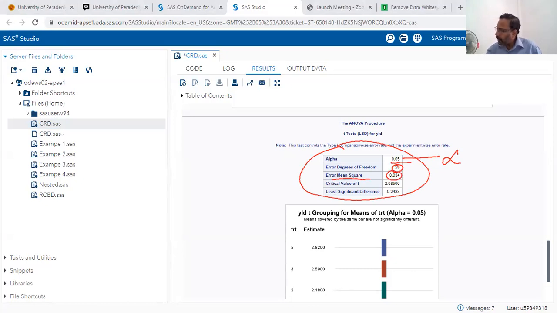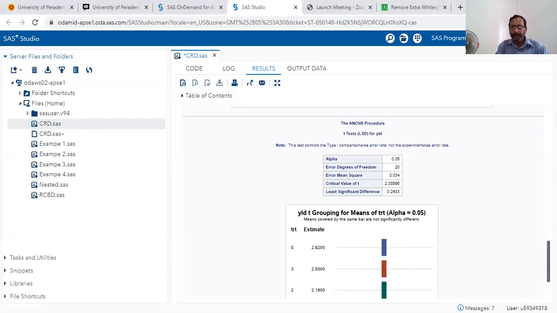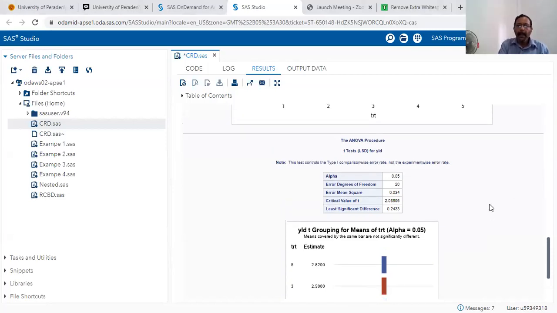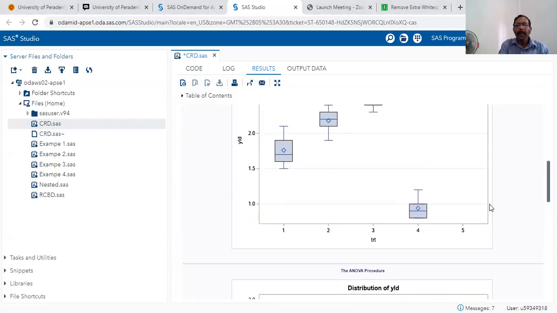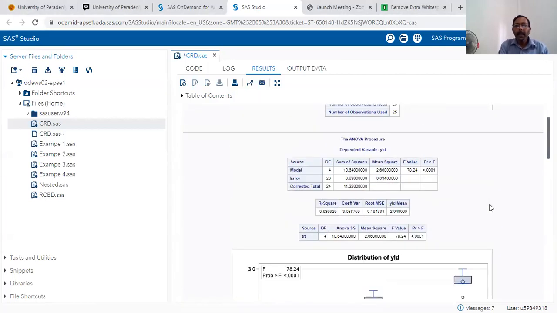What is the error mean square? Because it is also needed for the calculation. I will go up and show. You see, this is the mean square of error, 0.034.